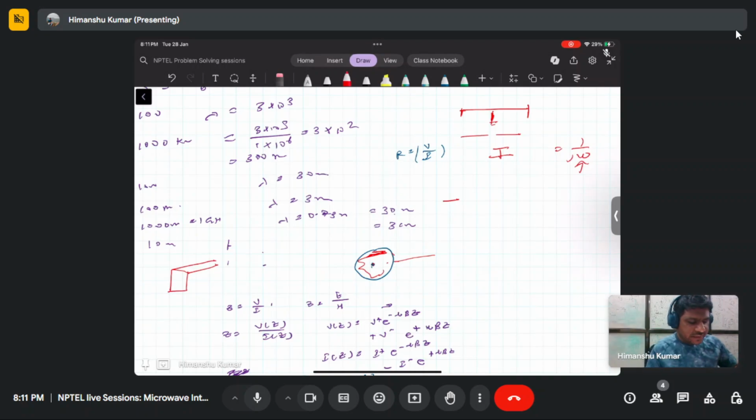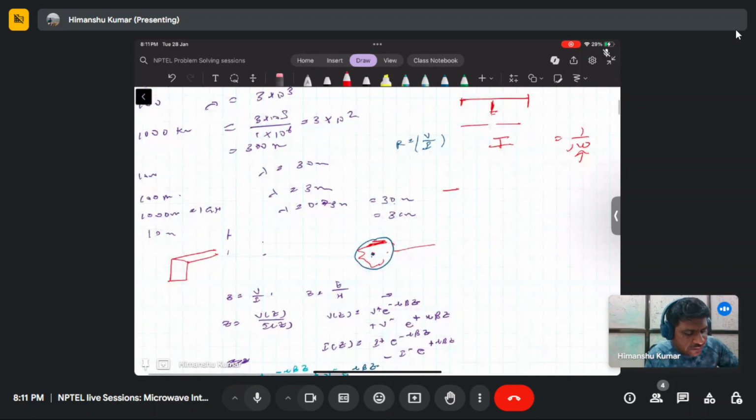Yeah, so one thing is that at very low frequency, if you derive the Maxwell equation, the space dependent term will not come in your equations.